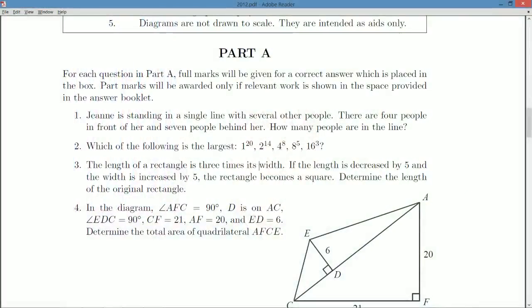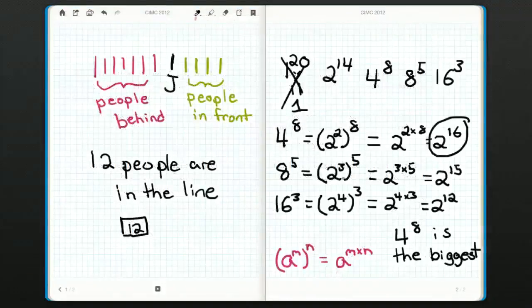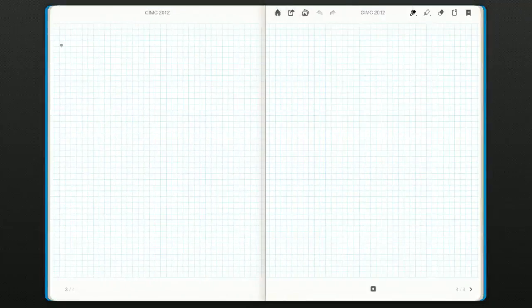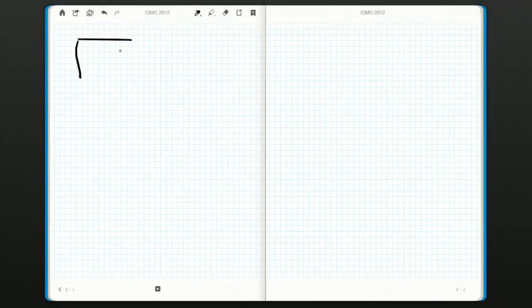If the length is decreased by 5 and the width increased by 5, the rectangle becomes a square. So we're going to get 2 pictures here. Let's draw our first rectangle. It doesn't have to be to scale, it's just our picture.